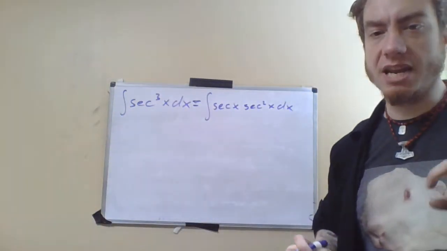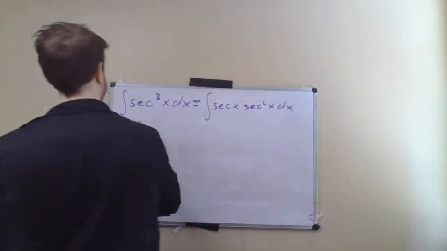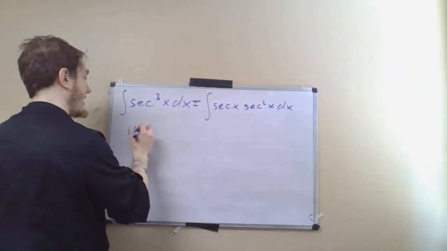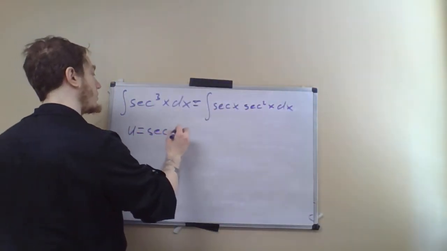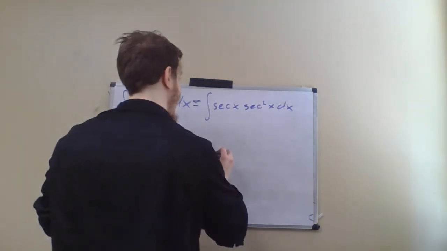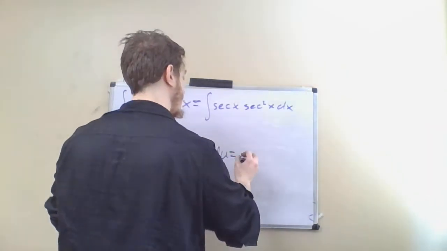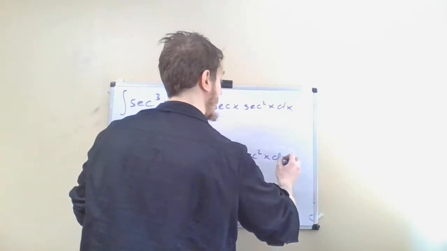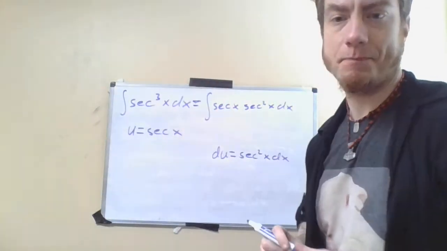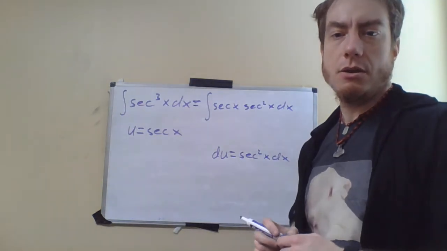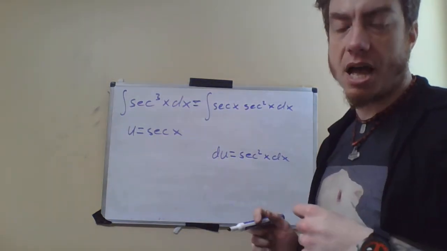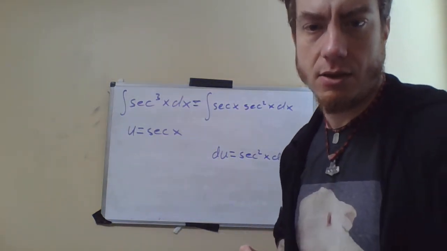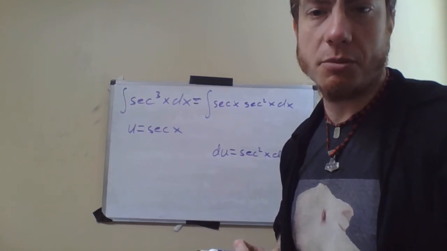And then I'm going to do an integration by parts. And here is my by parts split. I'm going to take u to be equal to secant x, and that means that my dv is going to be secant squared x dx. Hold on a second, give me one moment to check.